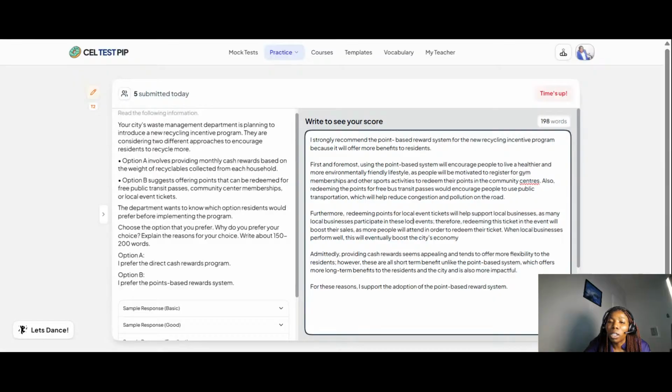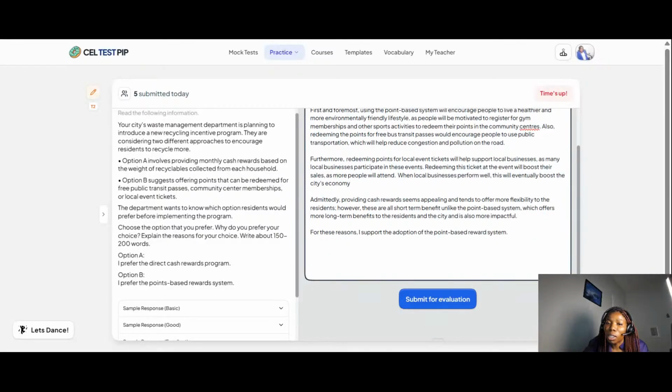Therefore, redeeming this ticket at the event will boost sales as more people will attend in order to redeem their tickets. When local businesses perform well, this would eventually boost the city's economy.